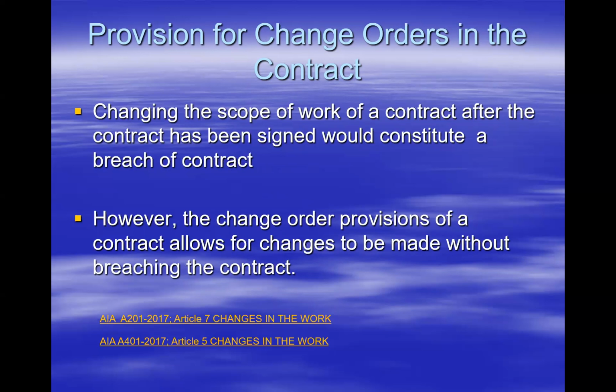So first off, we need to talk a little bit about contracts. We can't talk about making change orders or implementing change orders without understanding what the contract is. If you recall from one of our last discussions, we talked specifically about the idea of both a minor and a material breach.